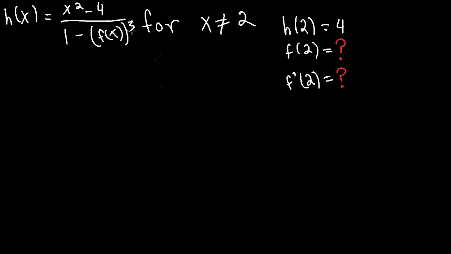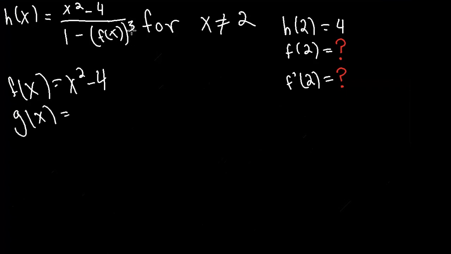So we're going to separate h of x into two separate functions. We have the numerator, x squared minus 4, and then g of x is going to be 1 minus f of x cubed. We know that when we plug in 2 into this, we're going to get 0, right?